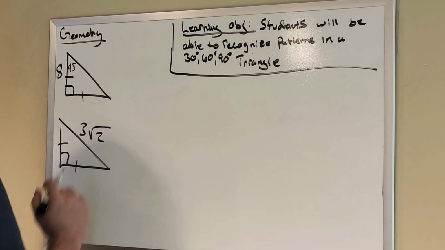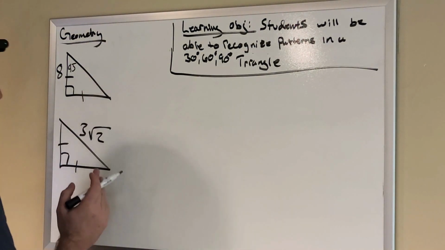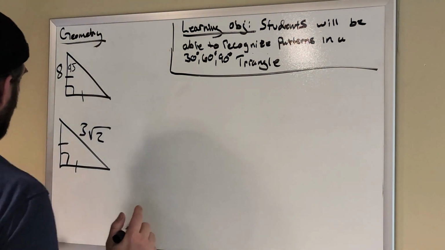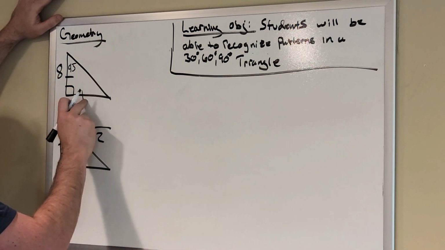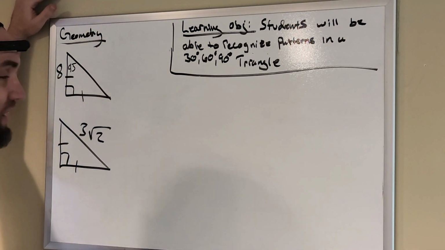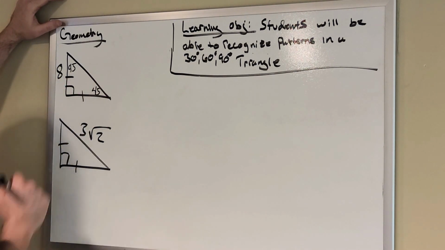But first, let's take a look at my review from yesterday or the last video. We talked about 45, 45, 90 triangles. We know that a 45, 45, 90, because it's isosceles, has two sides that are the same and it's got the 90-degree angle. So therefore, this is also 45 degrees.